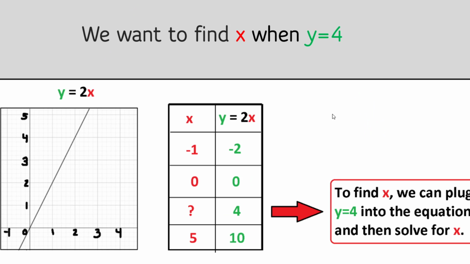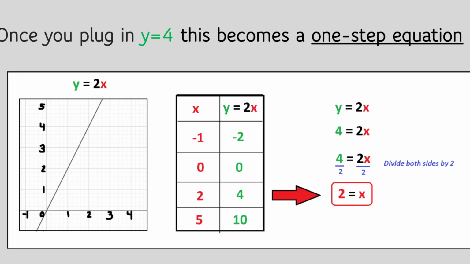So to find x, what we can do is plug in 4 into our equation, and again we'll use the equation to solve it. But this time it's going to look a little different than how we did it for the last unit. So let's start off.